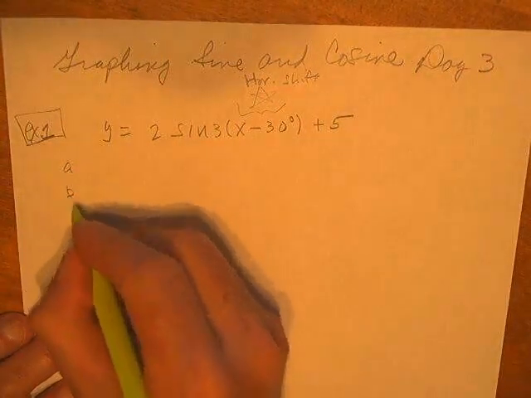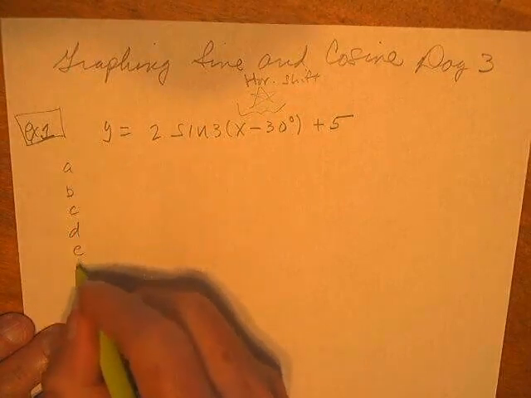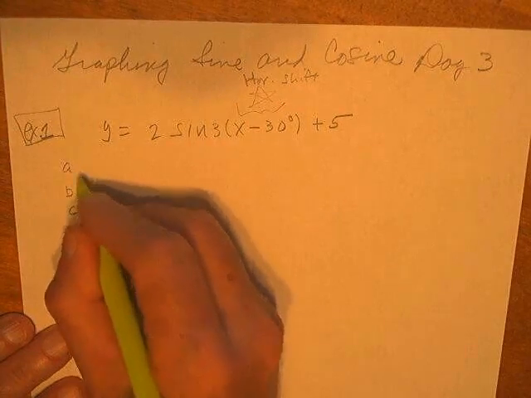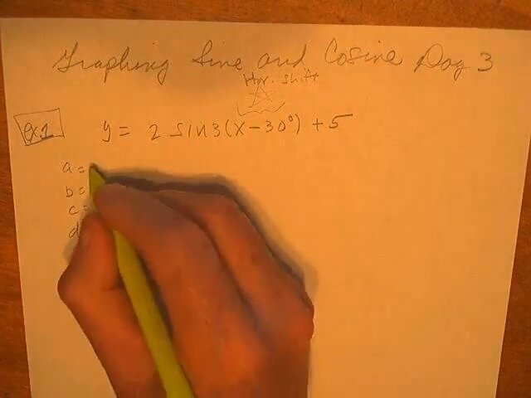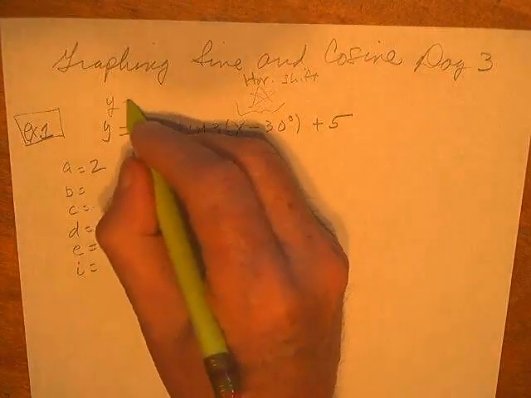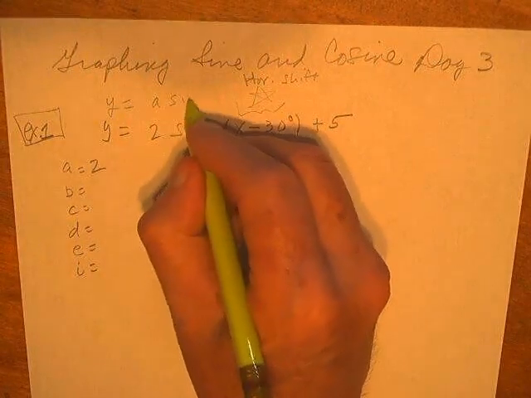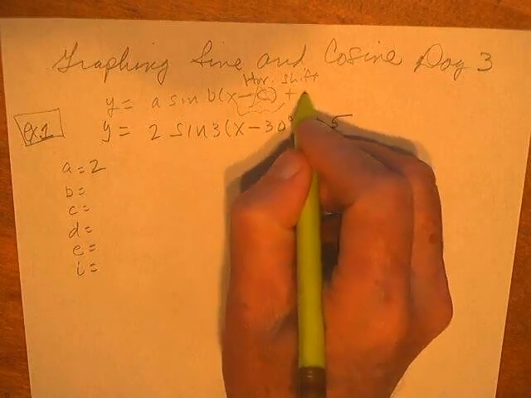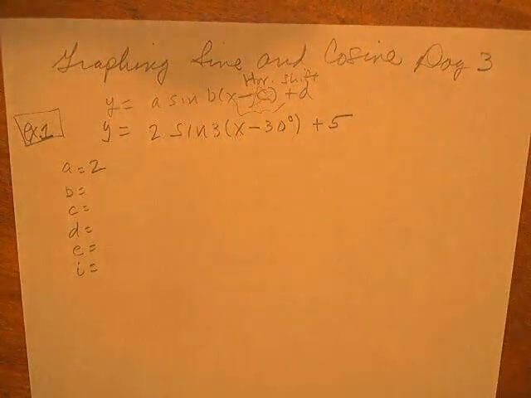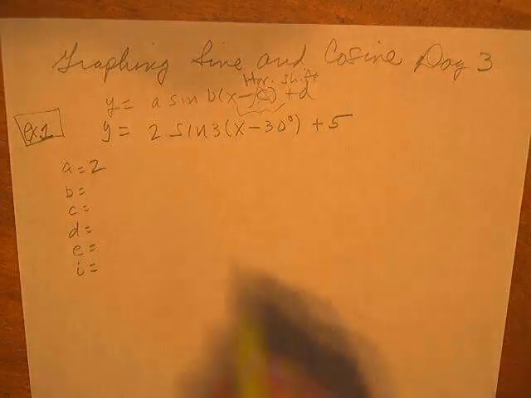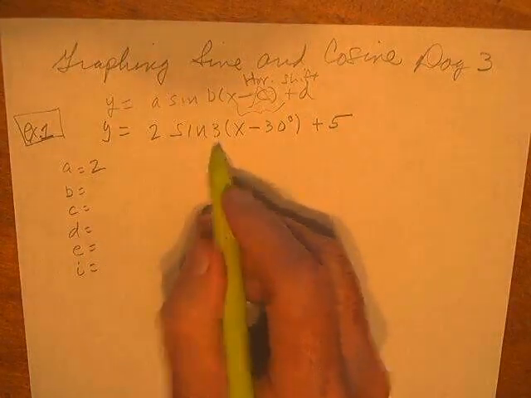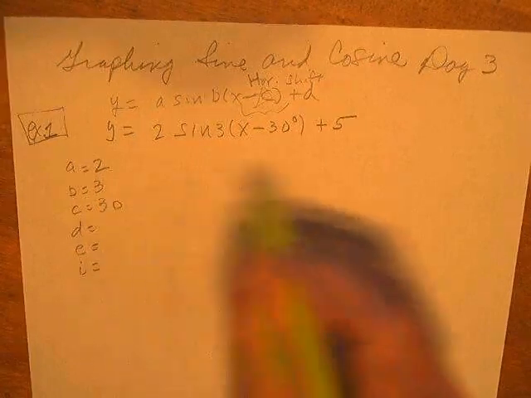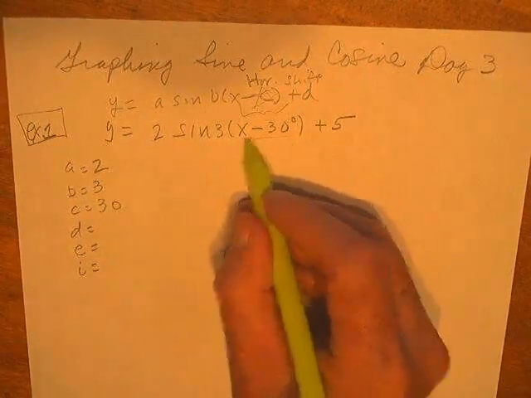So over here, let's do A, B, C, D, E, I. Well, A is 2, just to remind you. So we've got B is 3. C is whatever it takes to make this 0.